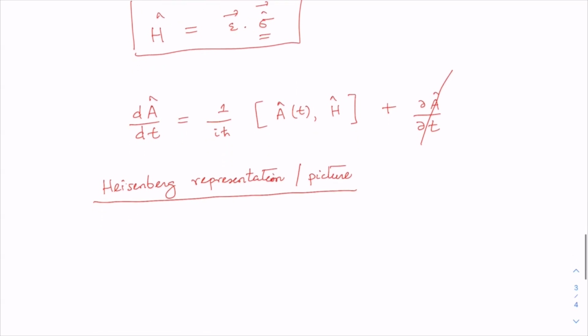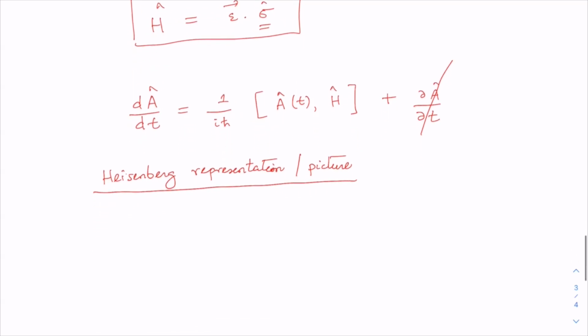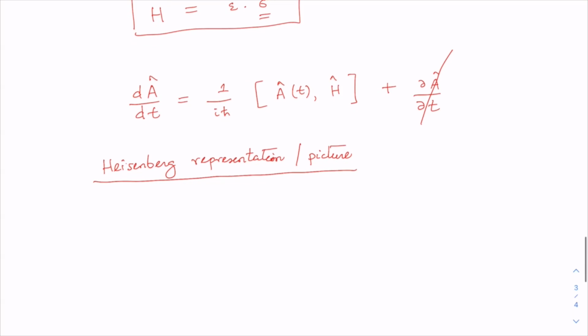All you are taught about is the Schrödinger equation in your basic quantum mechanics course. You know that the time evolution of a quantum state is described by the Schrödinger equation, that is i h cross del psi by del t is equal to H psi of t.